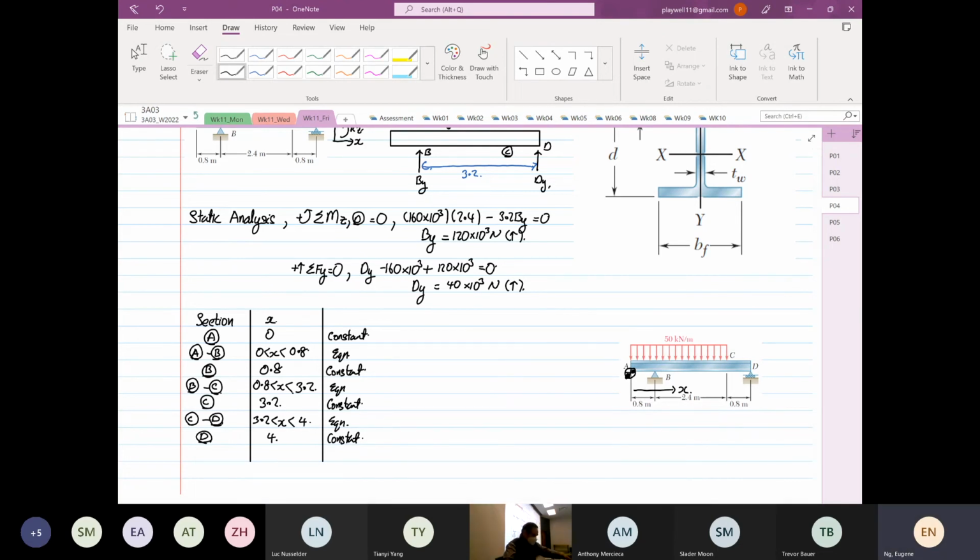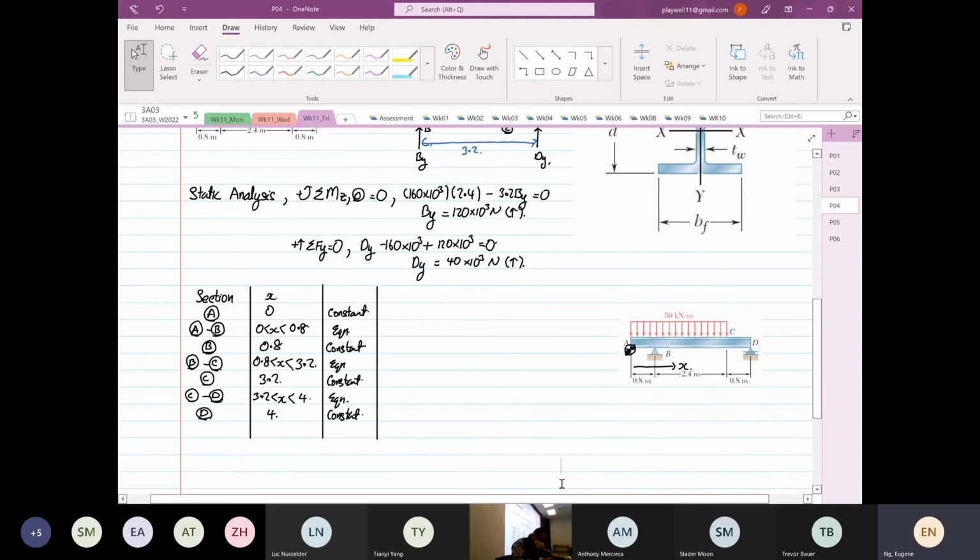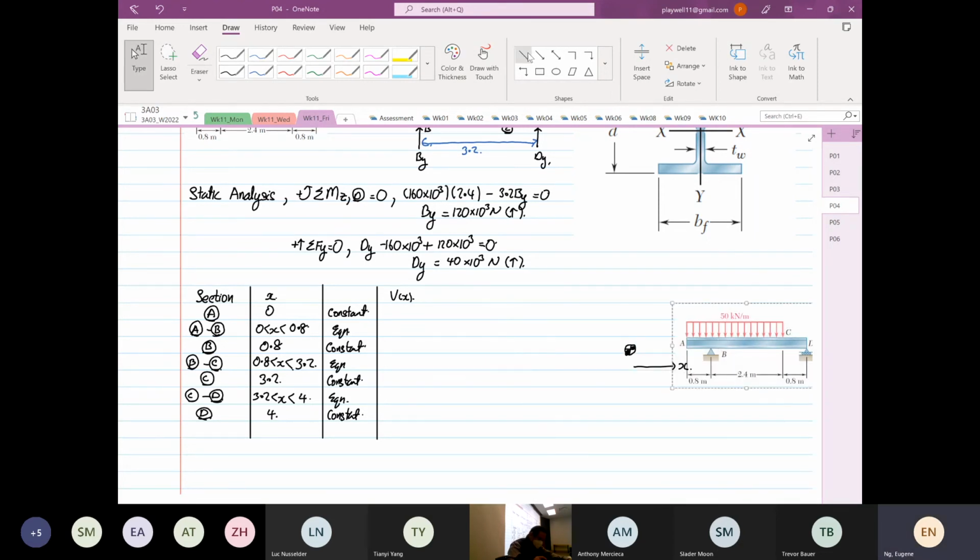Then the next column is our V as a function of x. Sometimes it's constant, so I'll just call this our shear force. And then the next one is our bending moment.